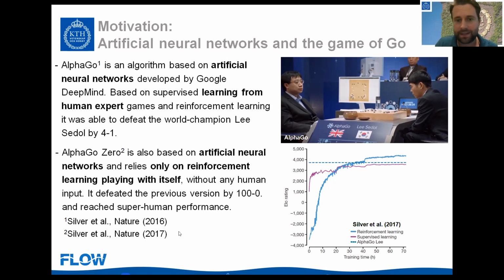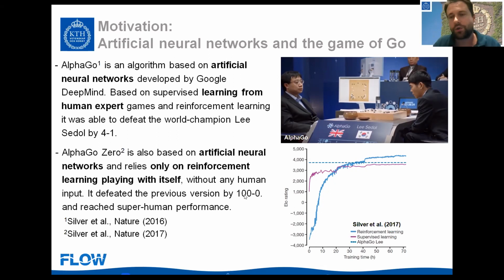What you can see here on the right is the performance as a function of training time. Around 48 hours, at least less than 48 hours, it reached superhuman performance. It was able to play much better than humans at the game of Go, and it could defeat the previous network by 100 against 0.